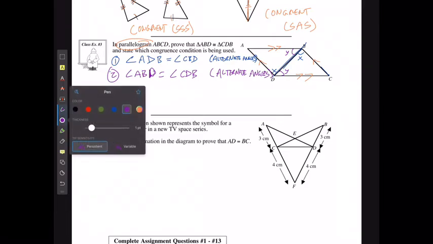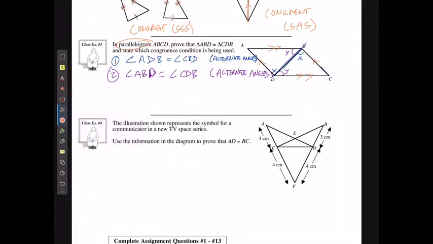And the last thing that I know is that BD is shared between the two sides.